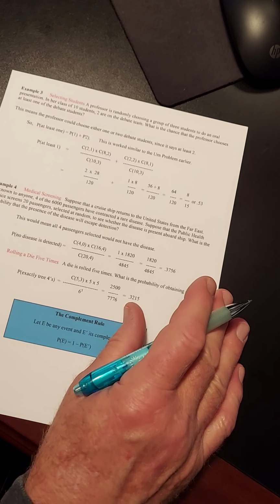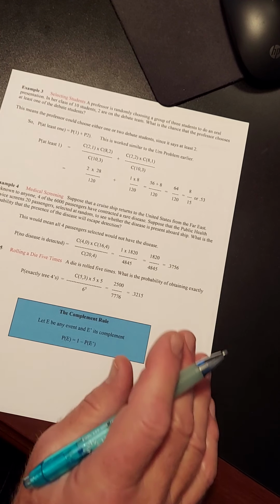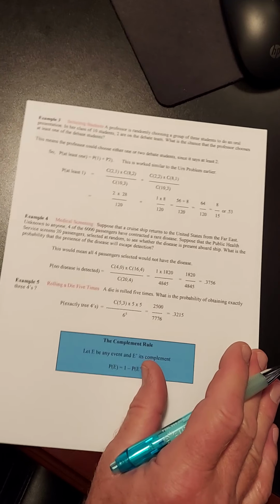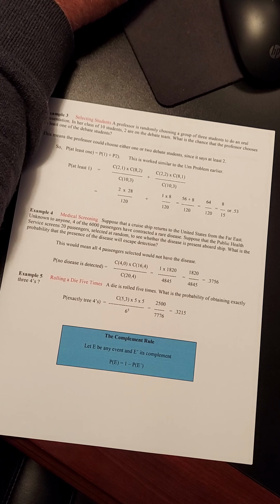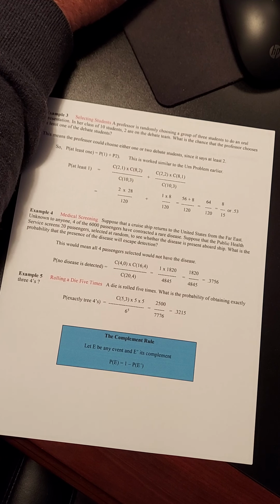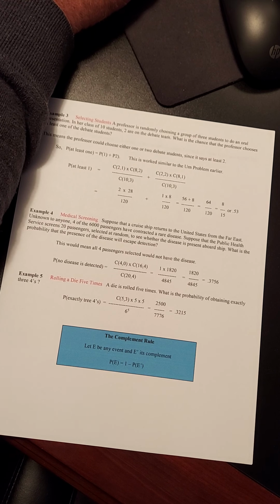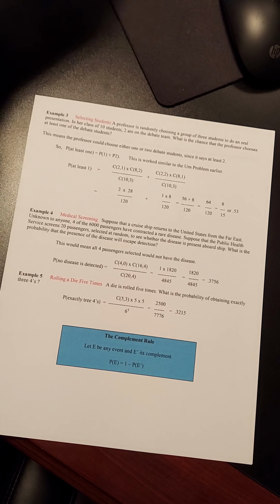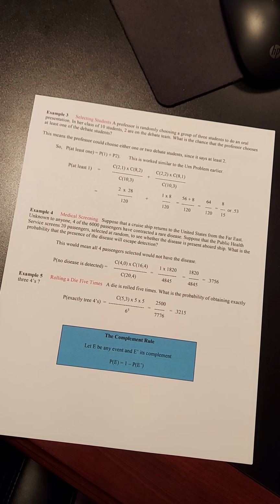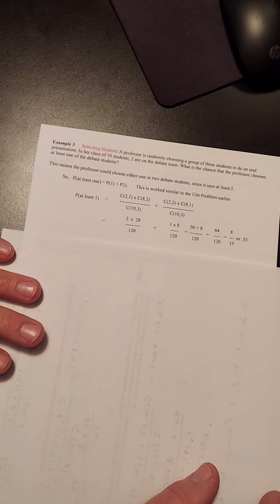Okay, it looks like example 3 and example 4 I've already got worked out for you. So I'm going to let you look at that for a second, and I'll talk through it. Let's look at example 3 first.